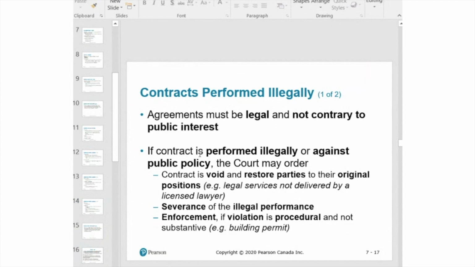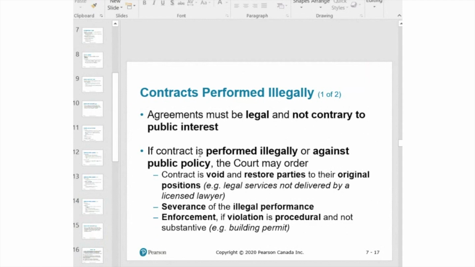All right, so now let's look at legality. As of now, you know that a contract is valid when there's consensus, when there's consideration, when the parties have capacity, and now the fourth requirement, when a contract is legal.